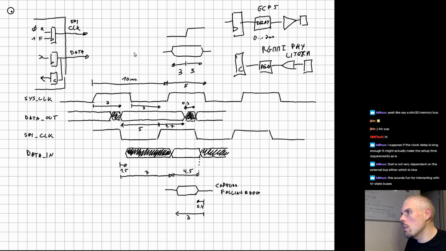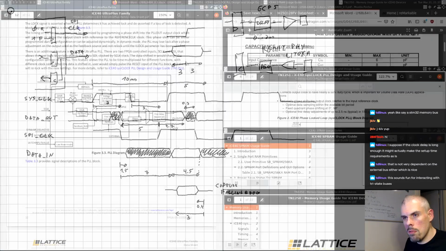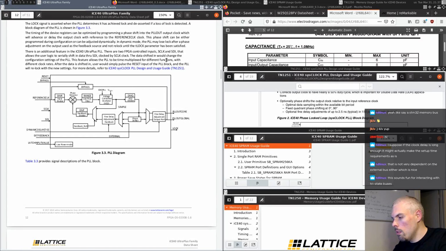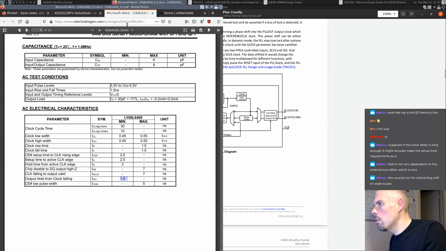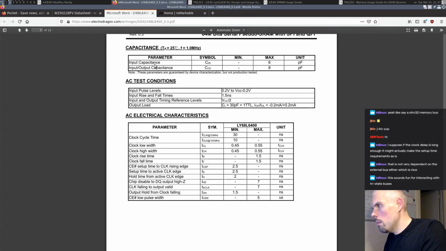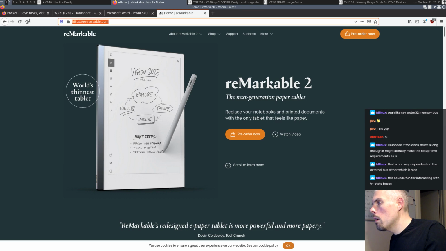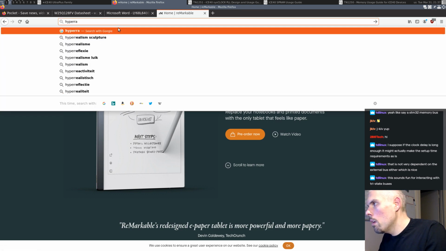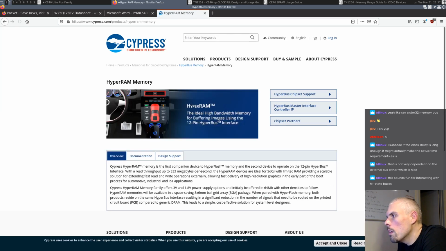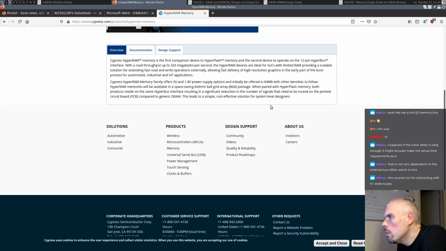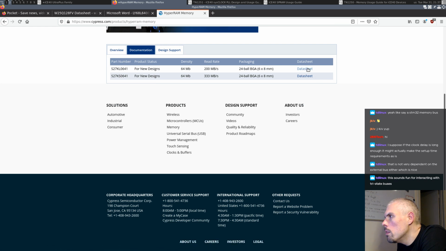So if we open the datasheet for a HyperRAM chip, let me go here and find a datasheet for a HyperRAM chip.